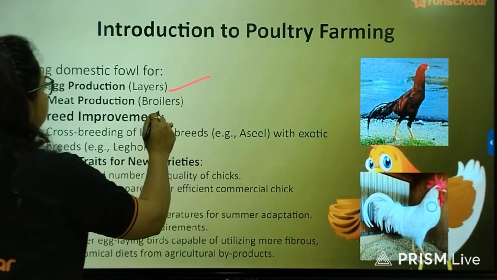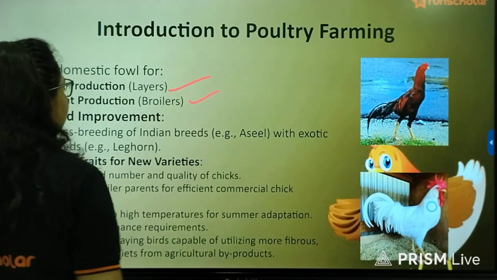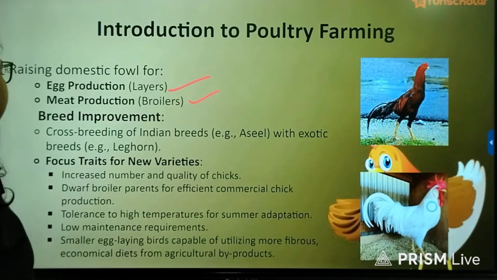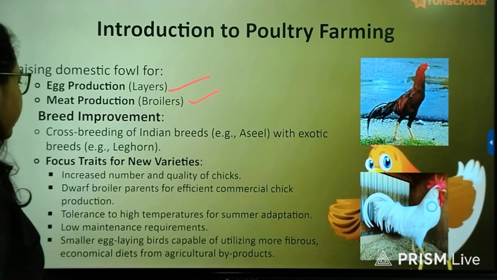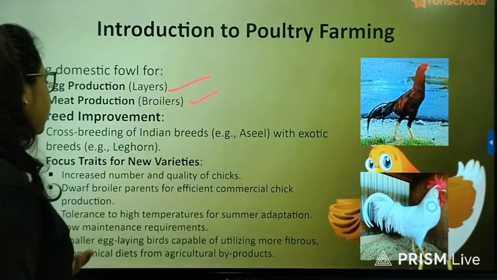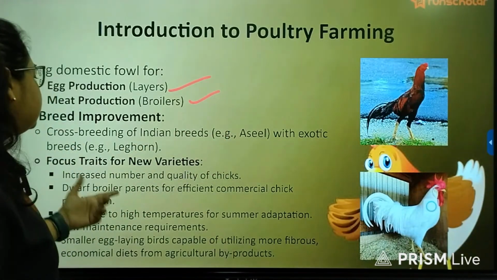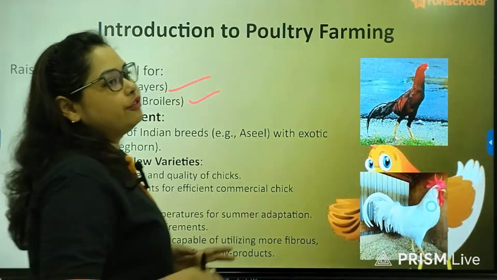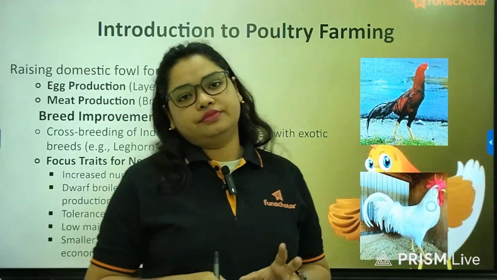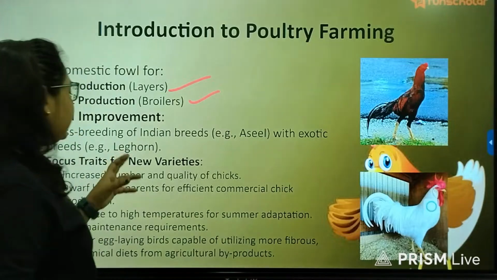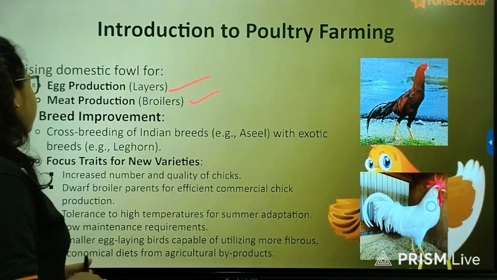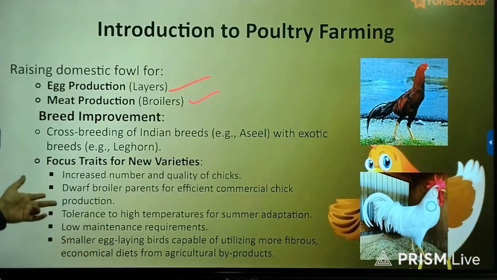Meat production fowls are known as broilers. And for meat breed improvement, we need to crossbreed the Indian breeds such as Asil with the exotic breeds, which are not of Indian indigenous variety, like Leghorn, and then we can obtain the desirable traits.